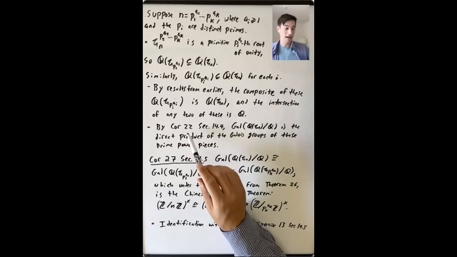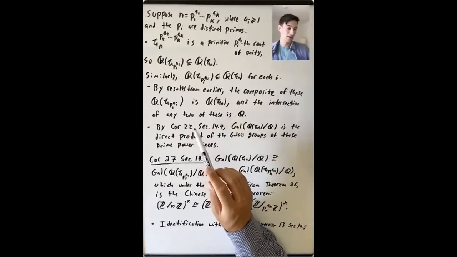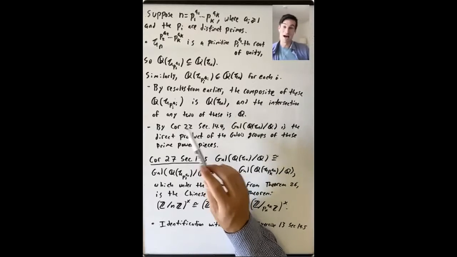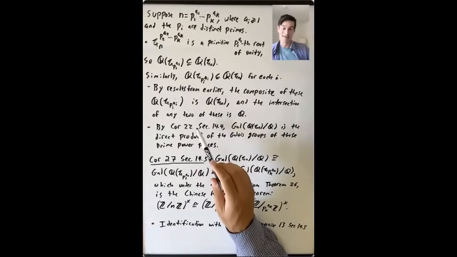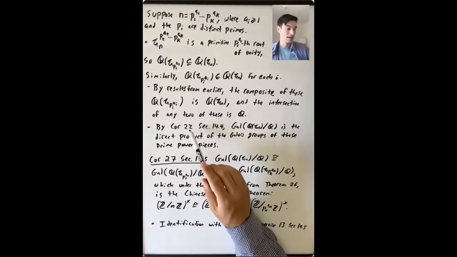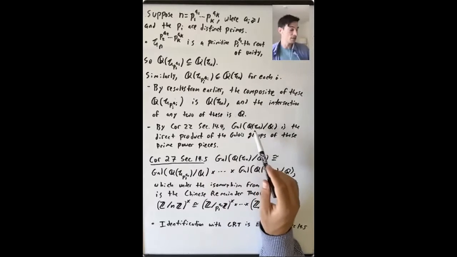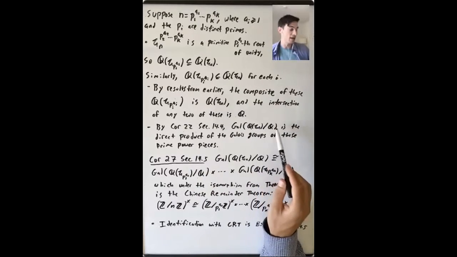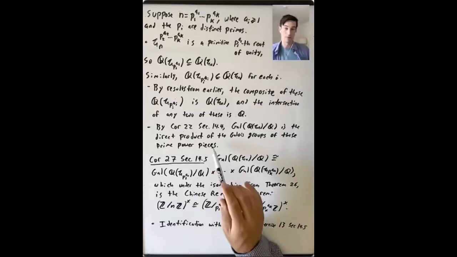So now we can apply this result from the last lecture about the Galois group of the composite of extensions where the intersection of the two Galois extensions you're taking is just the original base field F. This corollary 22 from section 14.4 now shows that the Galois group of Q adjoin zeta n over Q is the direct product of the Galois groups of these prime power pieces.